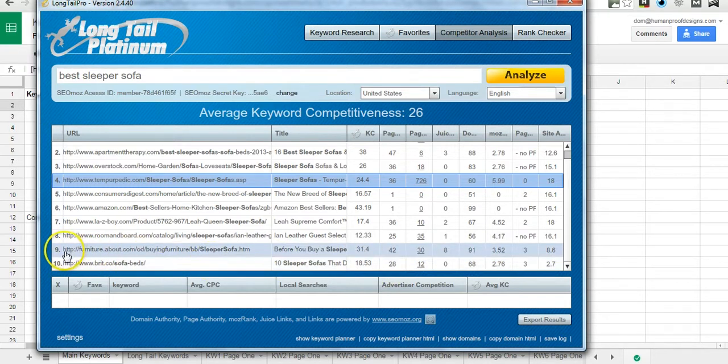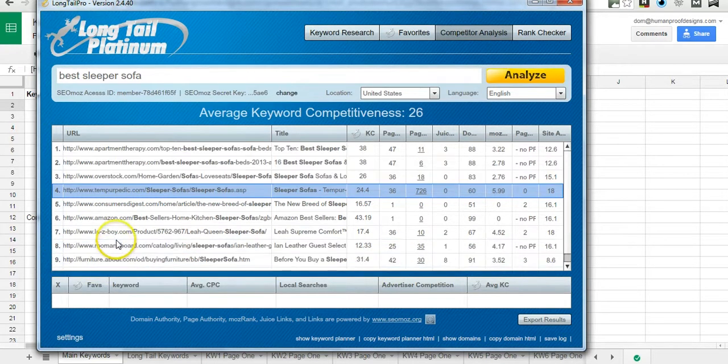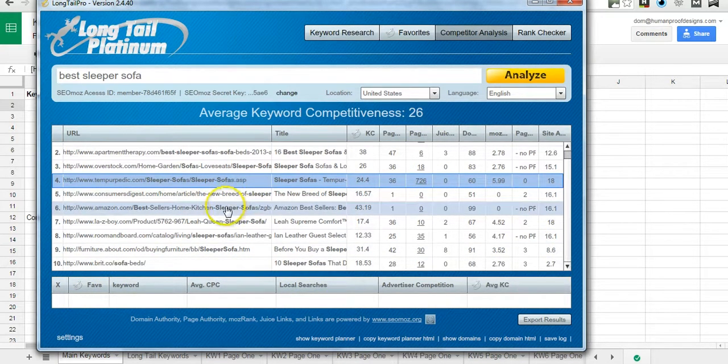So 9 and 10 are easily beatable, and I'd say there's room for you higher up as well. And this is a keyword that gets more than 1,000 searches a month. I think it gets about 2,000 or 3,000. I haven't fully analysed it yet, so it hasn't got the information down here. So that is a keyword that you would want to rank for.